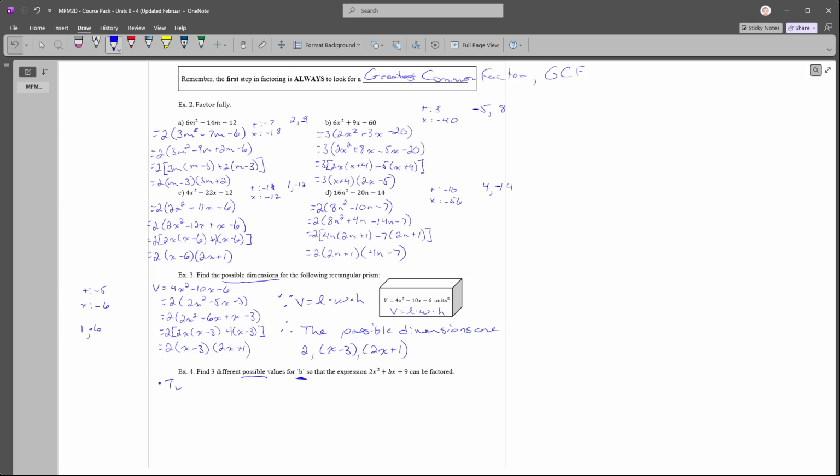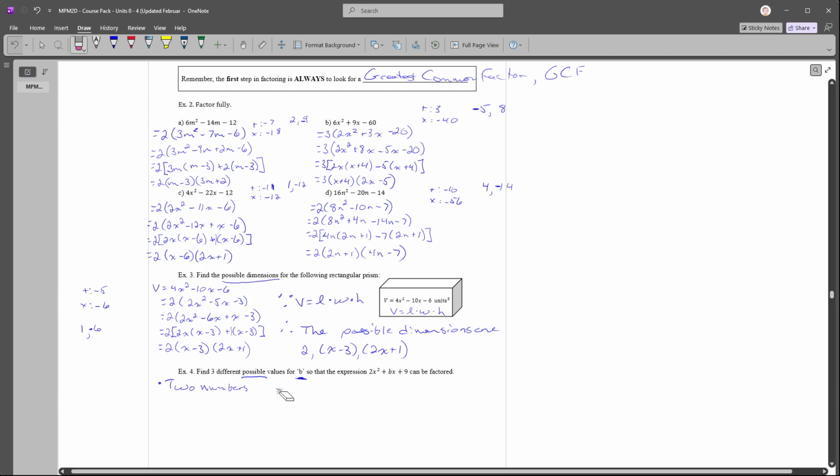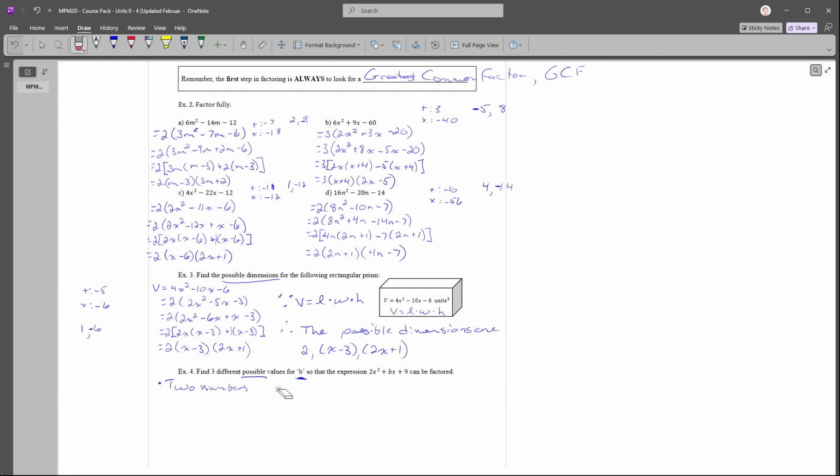So we need to find 2 numbers that multiply, oh my goodness, we're struggling here. Let's rewrite this whole darn thing. Delete.